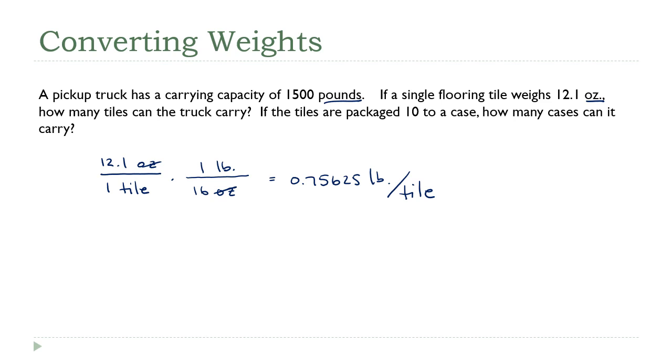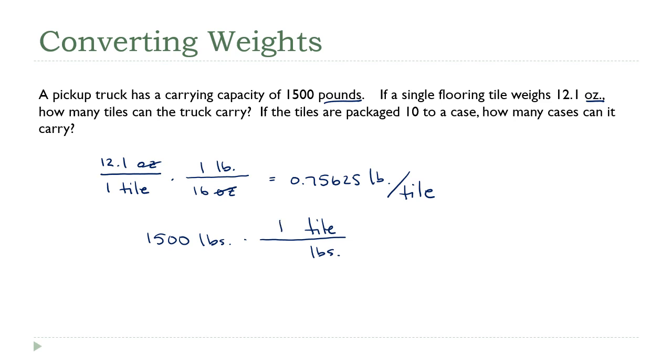All right, so I need to know how many of these things I can put on my truck. Well, the truck carries 1,500 pounds. So what I need to do here is get this into tiles. So I'm going to take 1,500 pounds and I want the pounds to go away and I want to keep the tile.